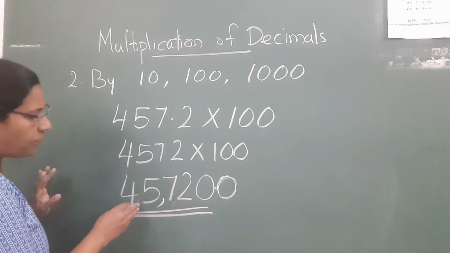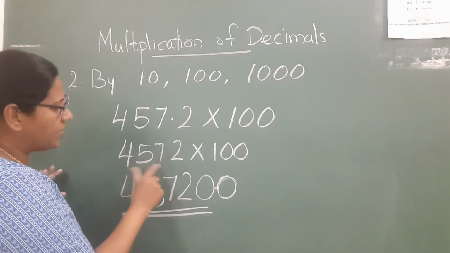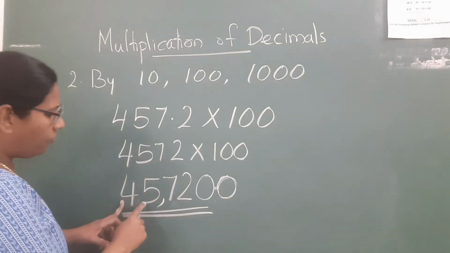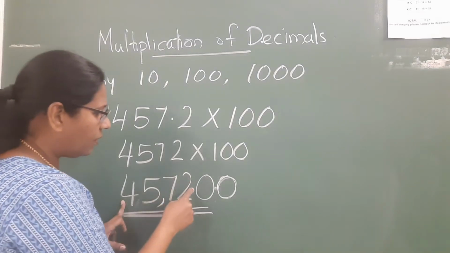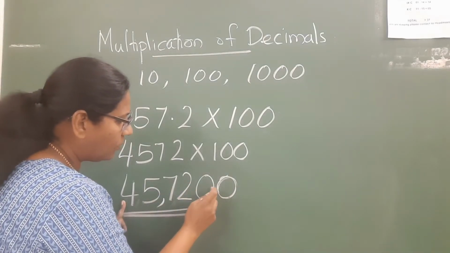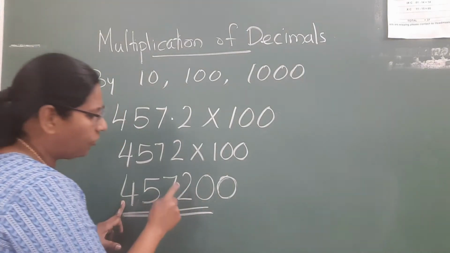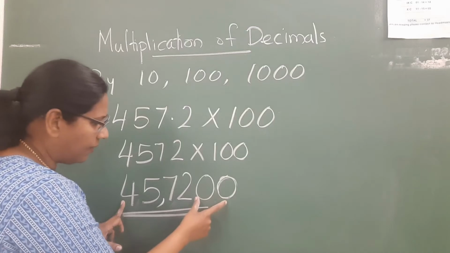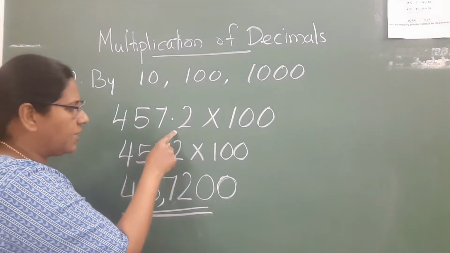Instead, we just write these two zeros on the right side of this number. That is 4572, then we write two zeros after the 2. Then we see after how many places the decimal is.